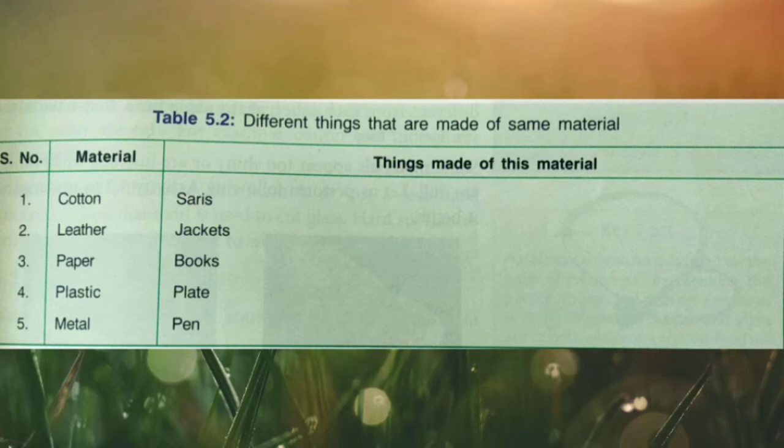Plastic: from plastic you can list so many things, plastic pen, plastic tiffin box, water bottle. The lists are endless nowadays. About metal, containers are made up of metal, then pens are there. So I hope you are able to understand this and do this activity and you will enjoy.